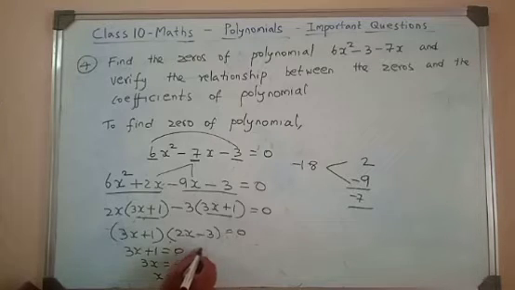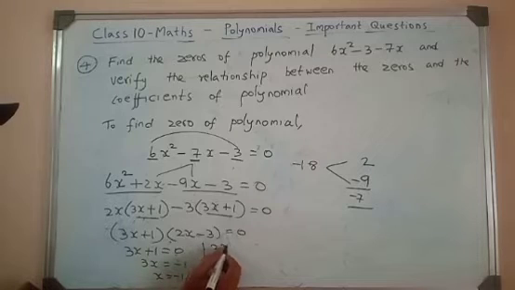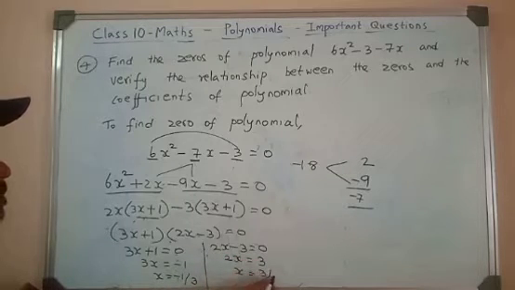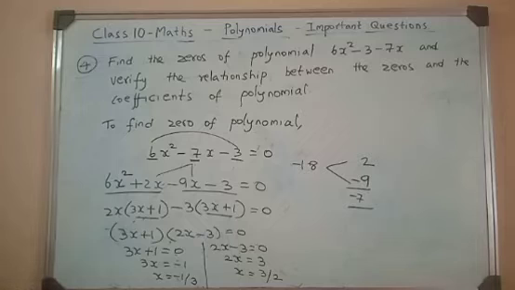And then here 2x minus 3 is equal to 0, 2x is equal to 3, x is equal to 3 by 2. So we are getting the zeros minus 1 by 3 and 3 by 2. So this is the first part of the solution of this question.